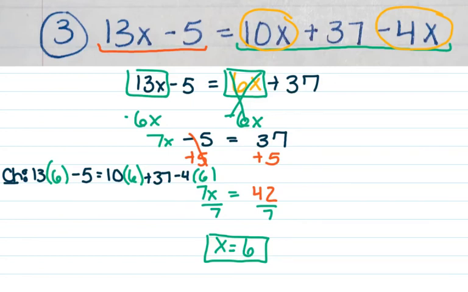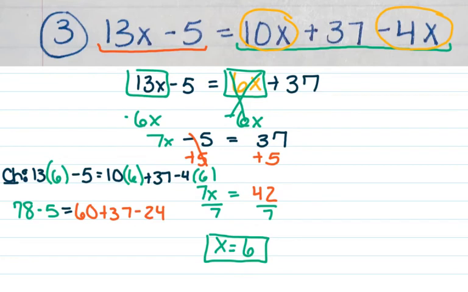Okay, so I'm going to multiply 13 times 6. Again, you might need your calculator. It is 78, so I get 78 minus 5 on the left. Let's see, we have 60 plus 37, and then minus 24.